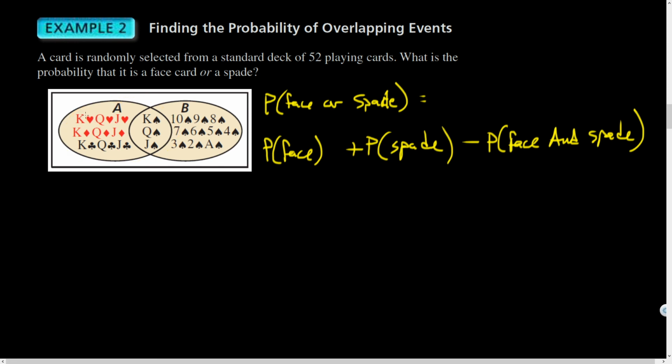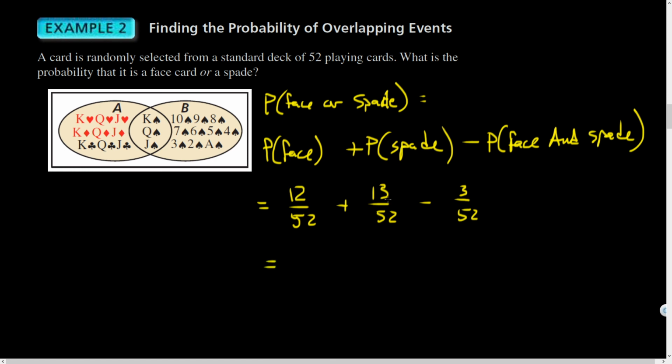So there's 4 kings, 4 queens, 4 jacks. 4 times 3 is 12 face cards. So 12 out of 52. Probability of a spade: there's ace through 10, which is 10, plus 3, that's 13. There's 13 cards per suit. And the probability of both, there were 3 in that category.